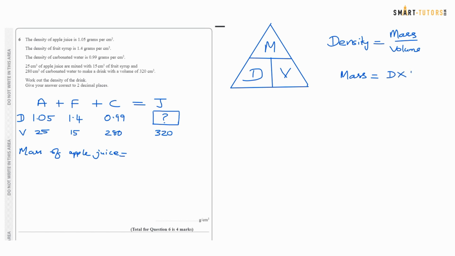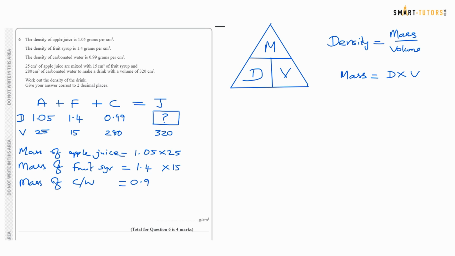So the mass of the fruit syrup is 1.4 times 15, and the mass of the carbonated water is 0.99 times 280. So all these calculations give the mass of each liquid. Let me call the calculator.